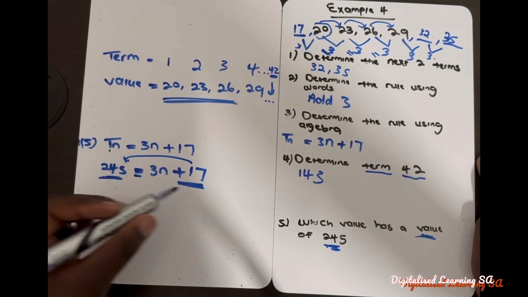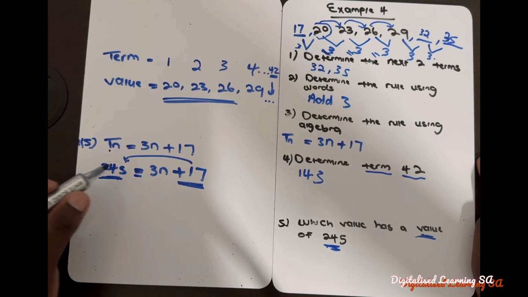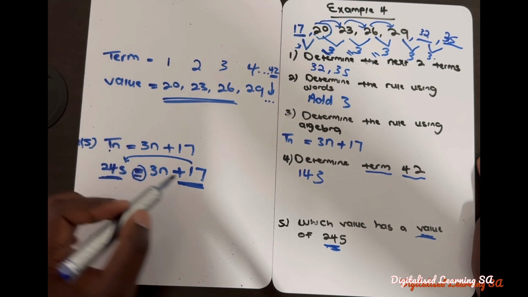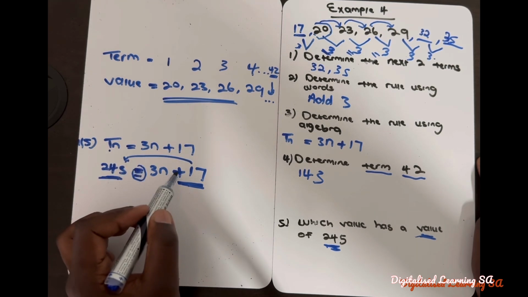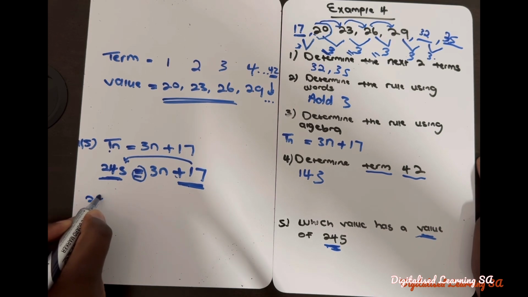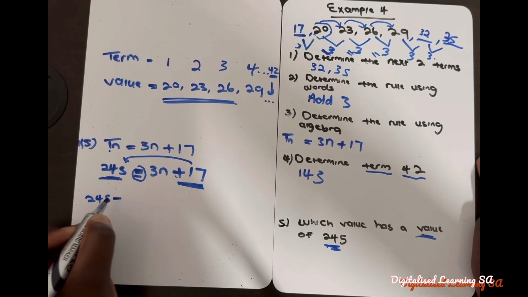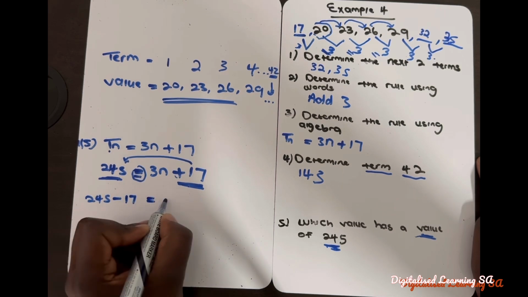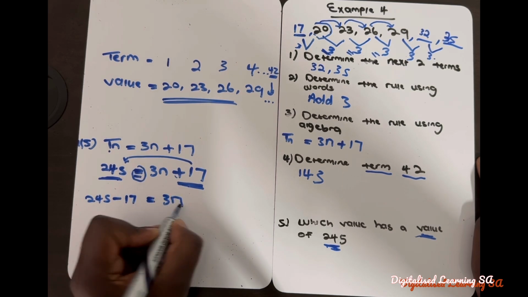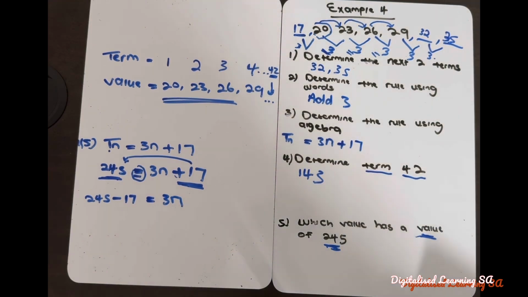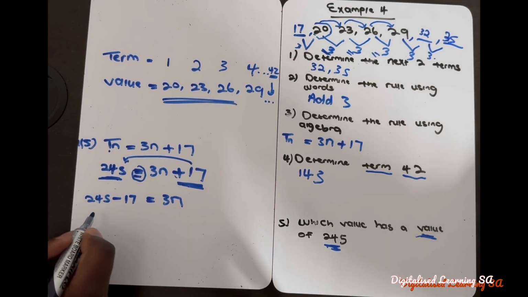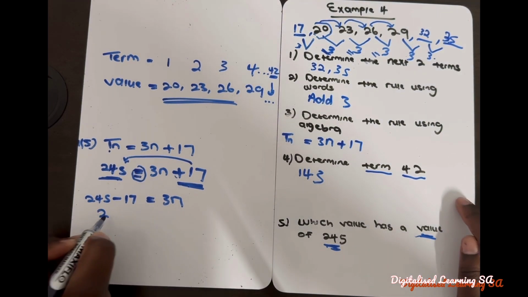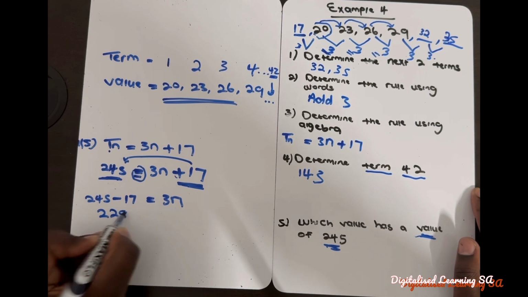And remember that once it crosses the equal sign, it needs to change its sign. So it will say 245 minus, it was positive, now it will be minus 17, and then we'll still have our 3n. So we'll say 245 minus 17, which will give us 228.